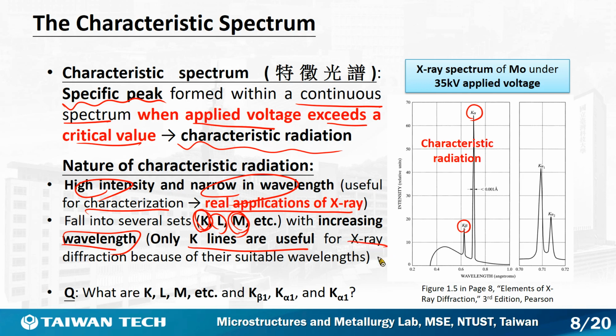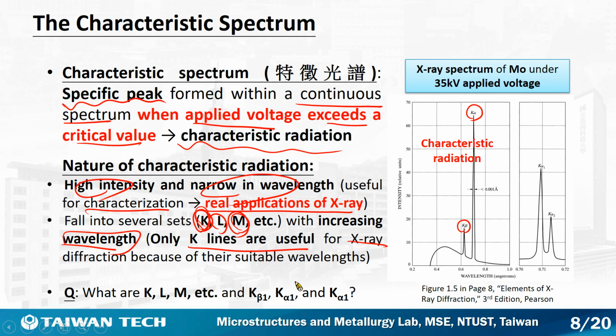X-rays fall into this K region for a smaller wavelength because this is close to the atomic distance, the atomic radius. So in general, we use K lines.